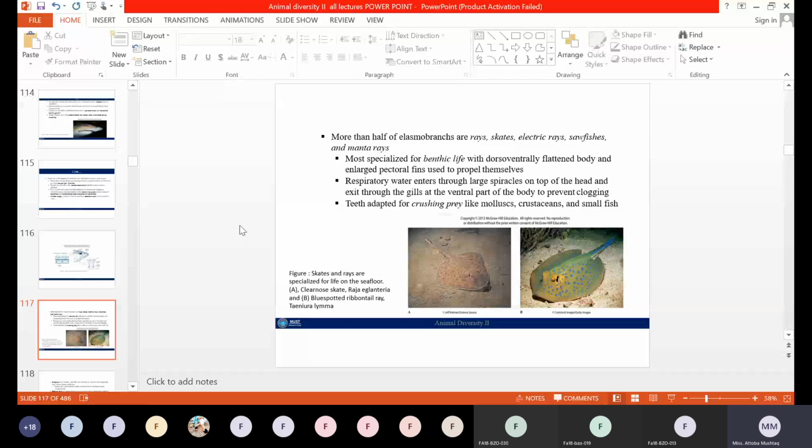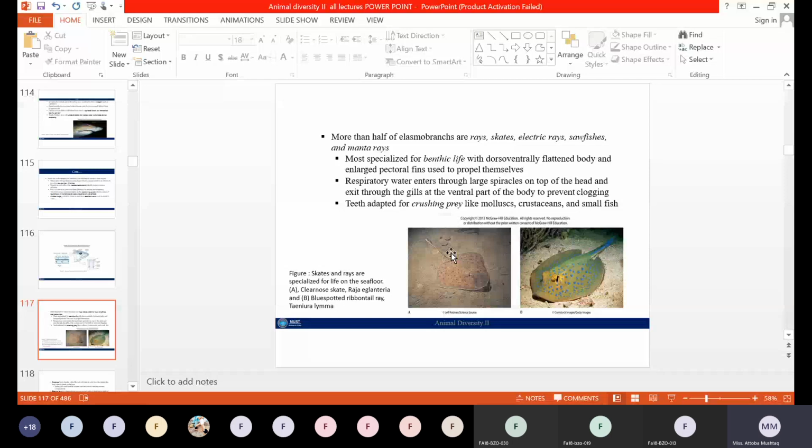Here in the diagram, if you look, it has a dorsoventrally flattened body. So they have large spiracles that are present at the top of their head, and water basically enters through the spiracles, which are present on its head, and then it exits through the gills that are present on the ventral part of the body.